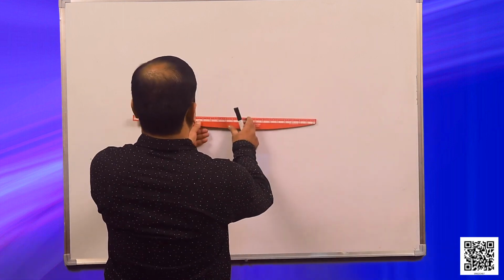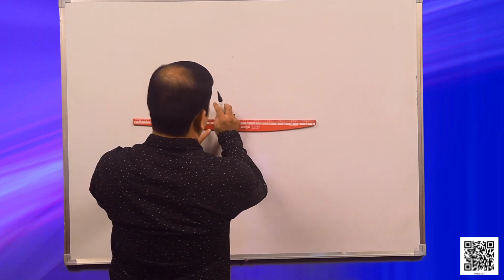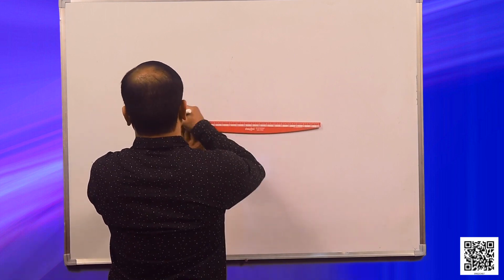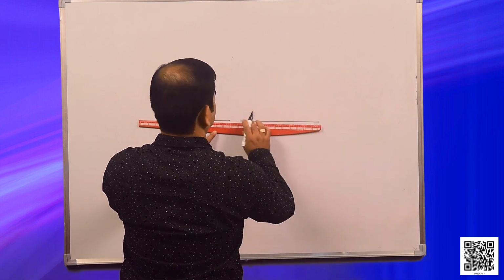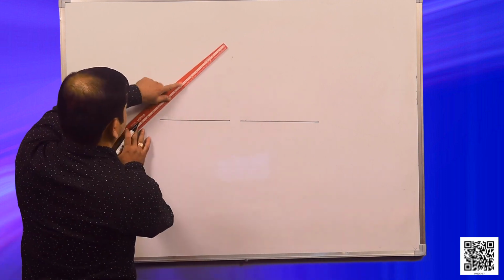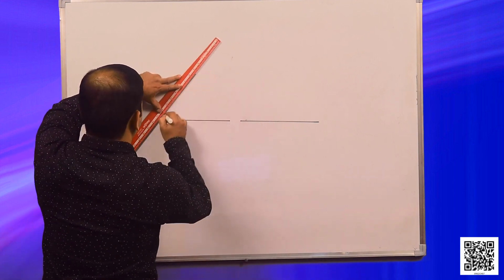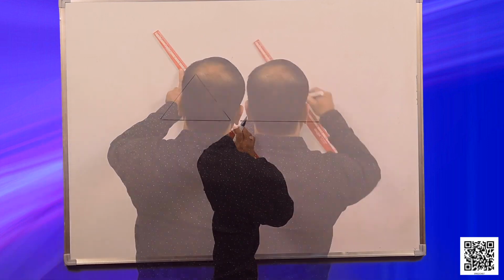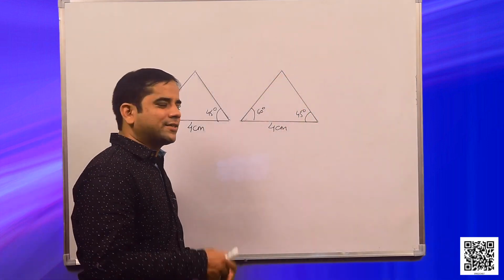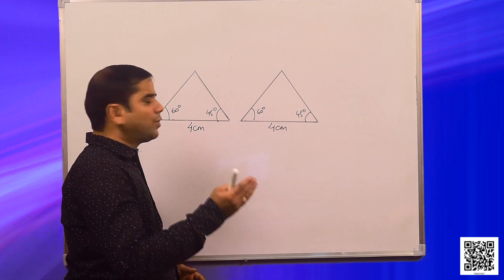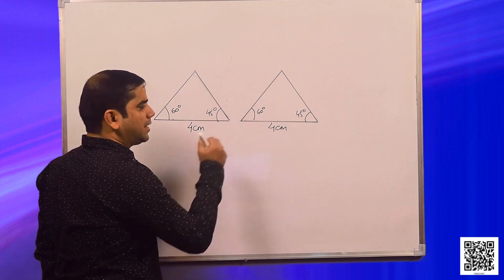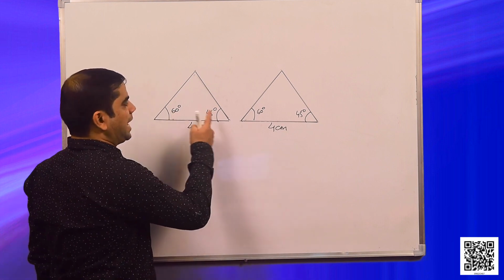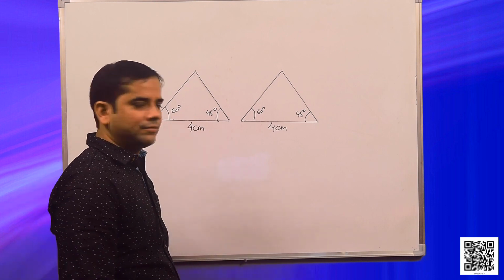So, let us draw two triangles as per the given data. So students, as given in your book, I have constructed two triangles with the base 4 centimeter and angles 60 degree and 45 degree.